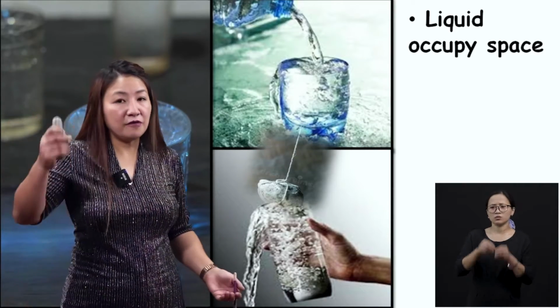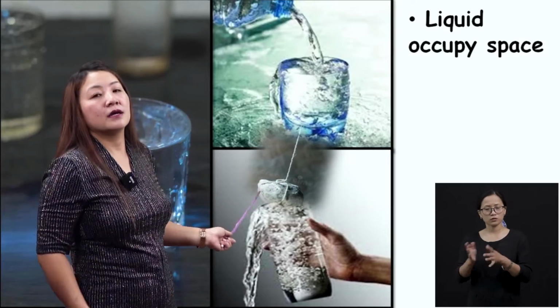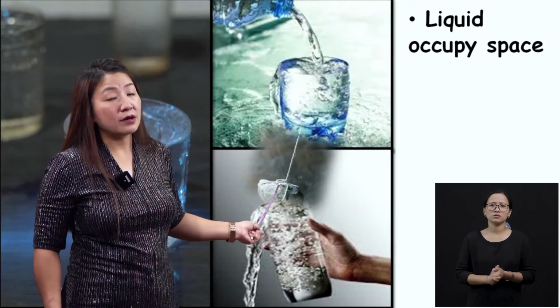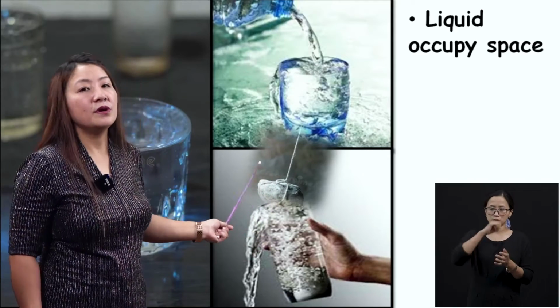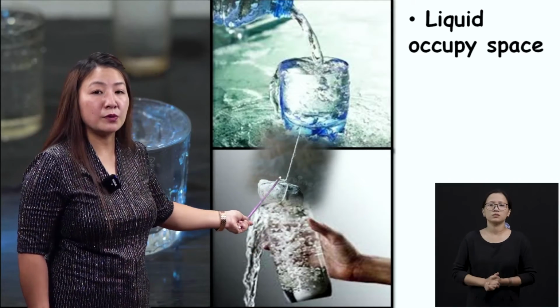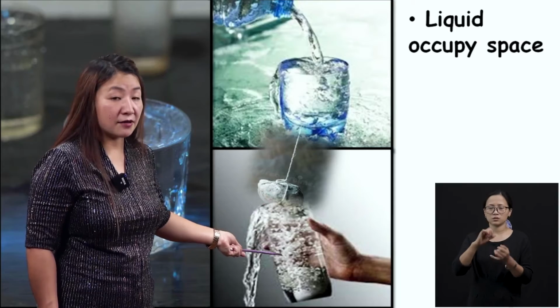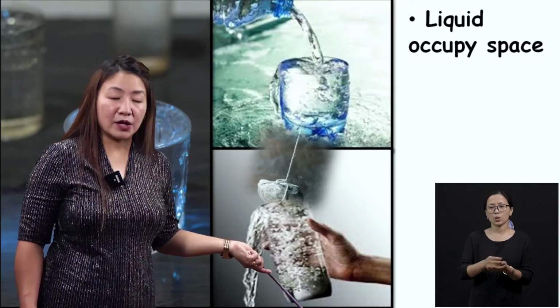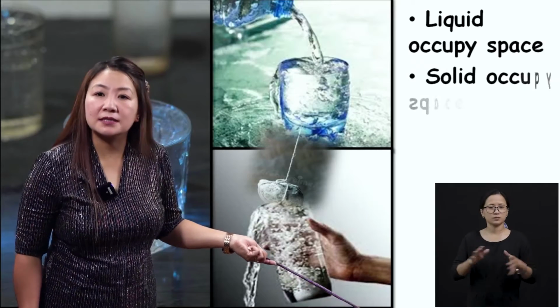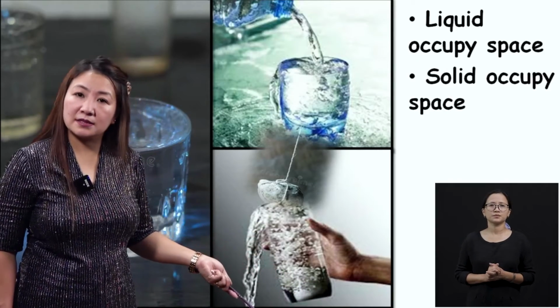Yes or no? If you put, that means rock is what? Rock is a solid or a liquid? It is a solid. So from here we know that because when we put this solid inside the full glass of water, water spills. From here we know that solids occupy space.